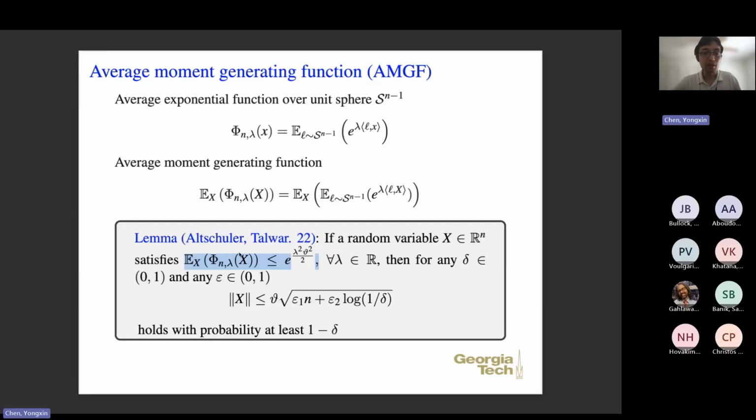U multiplied by X, then what this inequality is saying is that UX is sub-Gaussian. So this condition basically says even though X is not sub-Gaussian, if you multiply by a random unit matrix, which injects some other randomness, UX is sub-Gaussian. Then because UX is sub-Gaussian, you can bound the norm of UX. But because U is a unit matrix, the norm is the same as that of X.